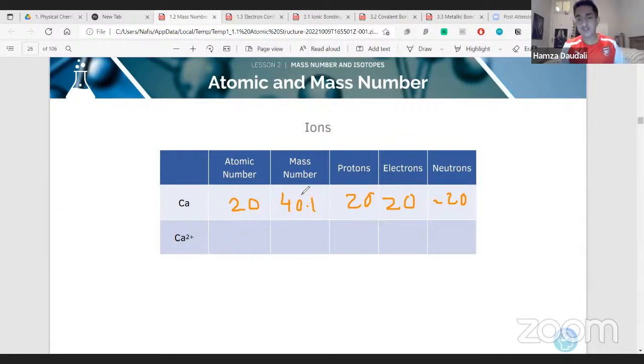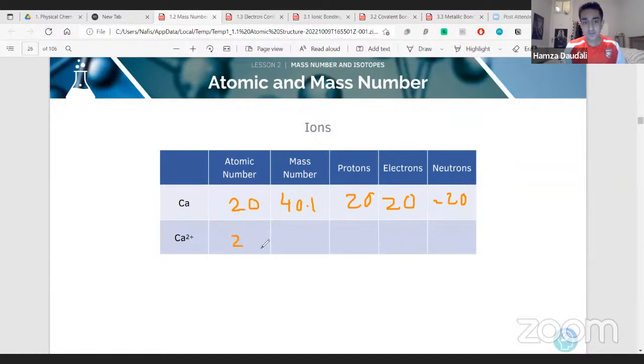Because surely you can only have a full number of neutrons and protons. Yeah, exactly. It's isotopes. So it's the mean mass of all of the relative abundances of all of the isotopes. So it is slightly more difficult.